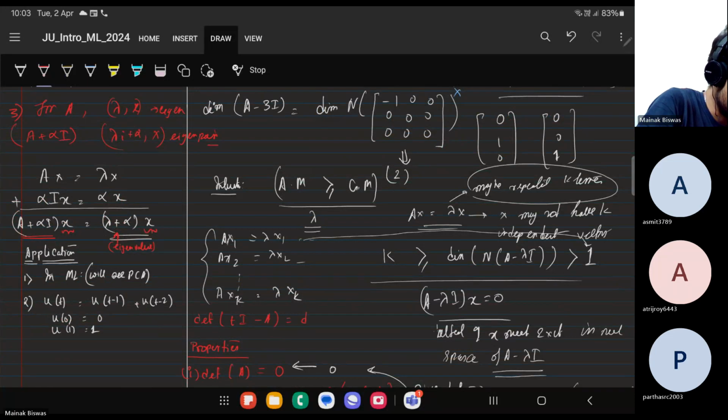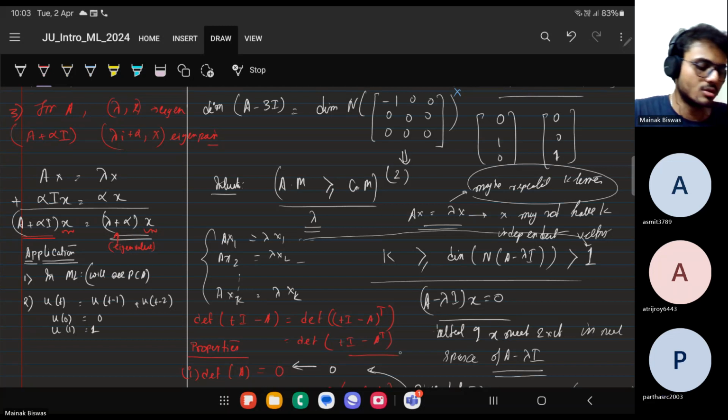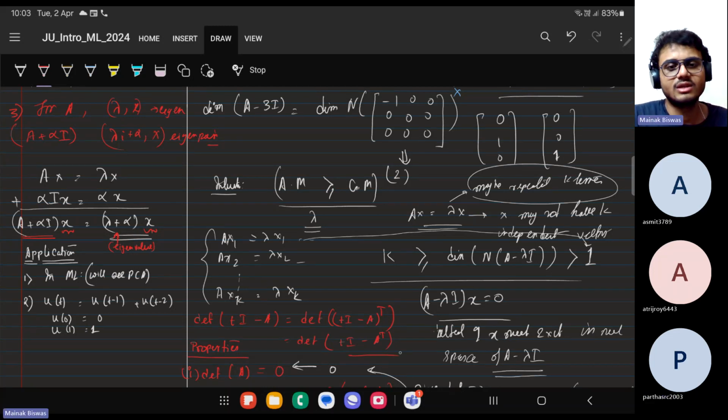Determinant of lambda I minus A transpose equals the determinant of lambda I minus A, yes or no? Yes. So it will have the same eigenvalues or not? Yes.